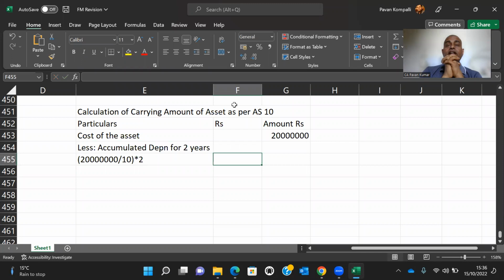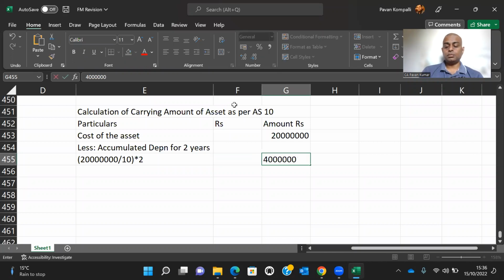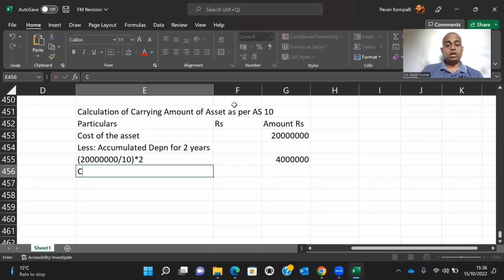How much? You tell me, it is 40 lakhs, I'll write 40 lakhs. So 40 lakhs. So carrying amount of the asset before replacement of the component.